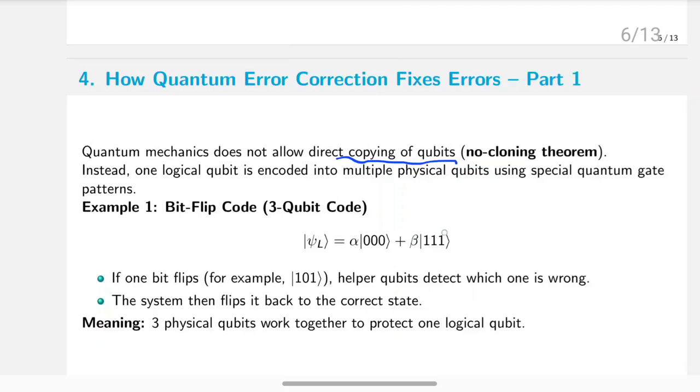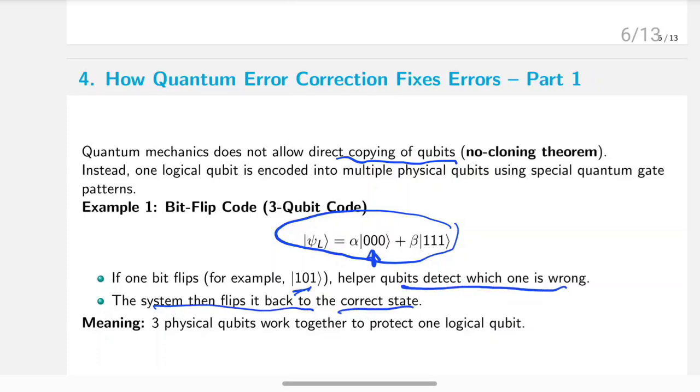If you see this example, we have only one logical qubit, but we are using two more helper qubits in both cases. If one error occurs here, the helper qubits detect which one is wrong, and the system then flips it back to the correct state. That is what we are doing with the helper qubits.